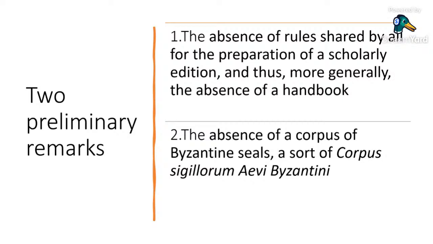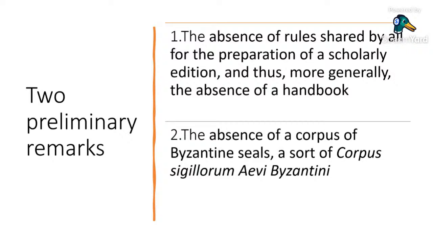And on the other side, there is a lack of an important corpus of Byzantine seals. In each discipline, huge corpora are a priority in order to establish not only what I was talking about until now, but also to have a proper work of edition and historical commentary about this material.